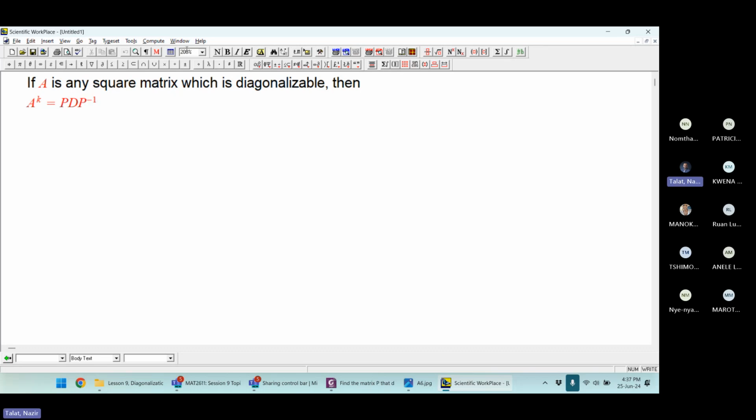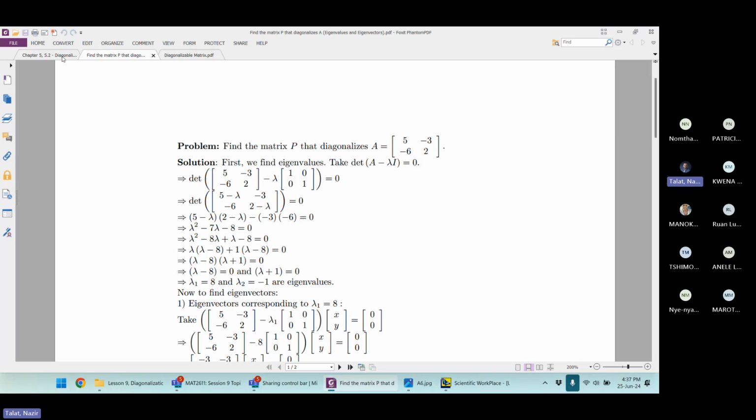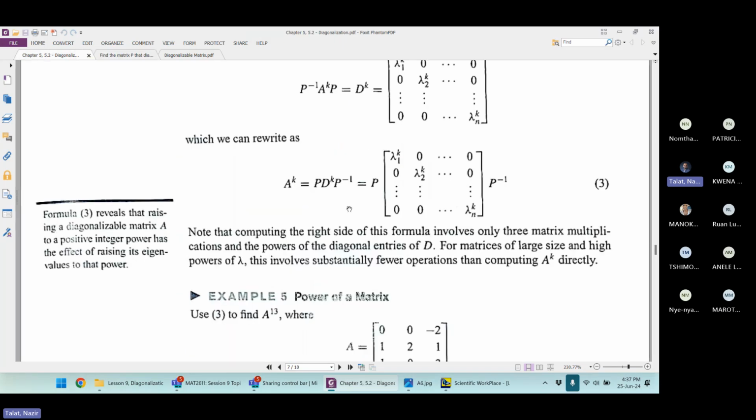So this is basically the relation which we can use to find any power of that. This relation is also available in the textbook, A to the power k is equal to this.